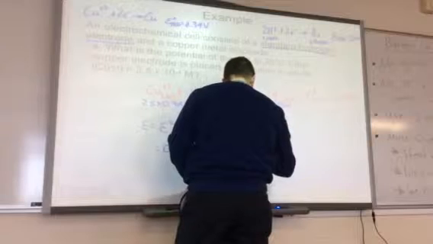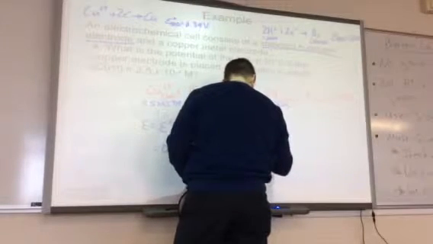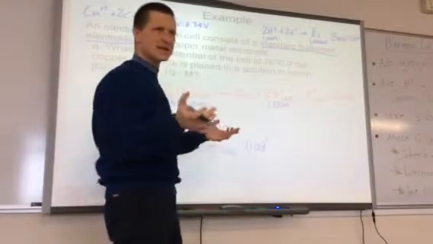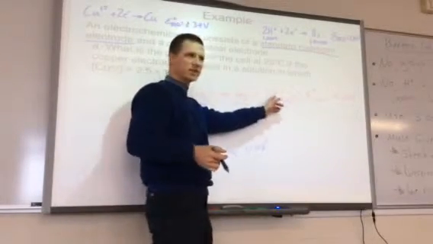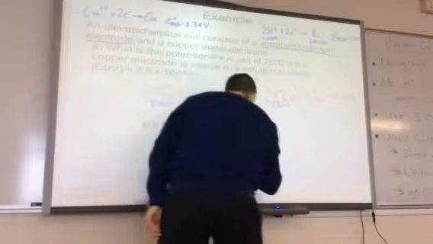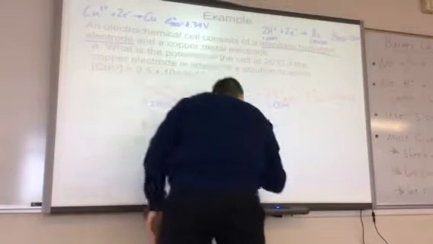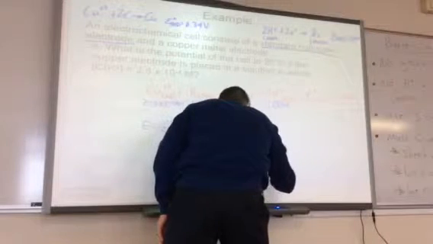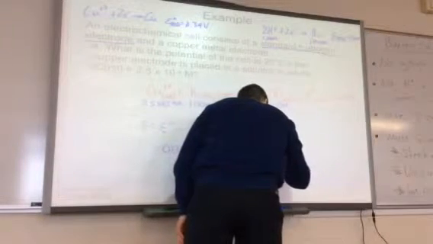The right side is 1 molarity. I'm not going to put the M in there. Just put the number. And it does get squared. When it's a 1, it's not a big deal. But don't forget, if you have a coefficient, you have to raise it to that power. Over the 2.5 times 10 to the negative 4th, and then over 1.